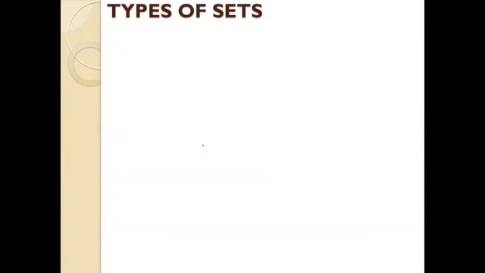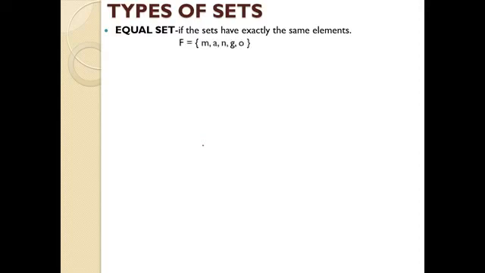Let's continue with these types of sets. Equal sets. If the sets have exactly the same elements, let's have an example.